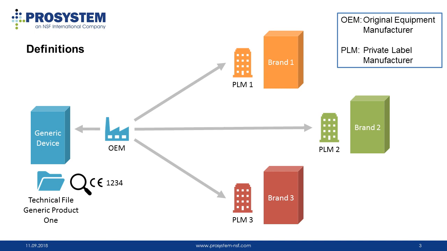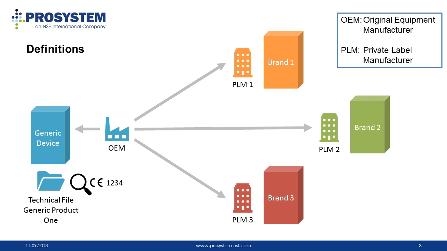Then afterwards, this device is sold to different PLMs, which stands for private label manufacturer, and these devices are technically identical to this generic device that they are building, but there is a different brand on that device. They can have different names of the device, and they all have a different legal manufacturer of that device.